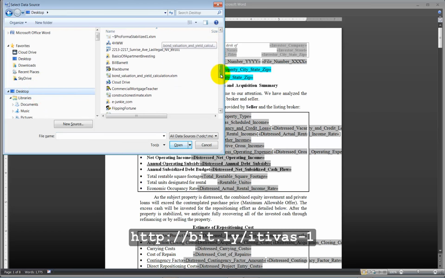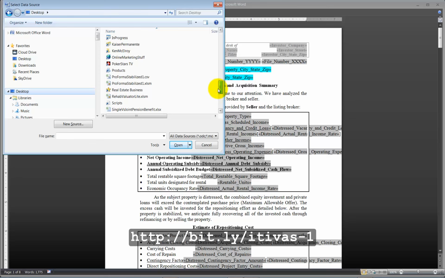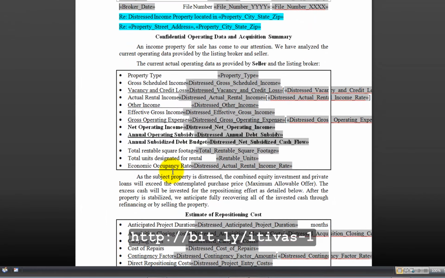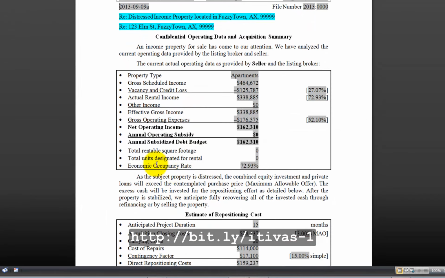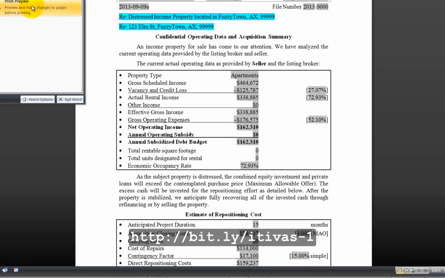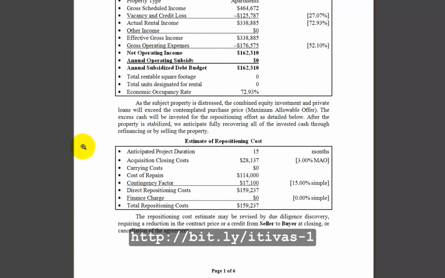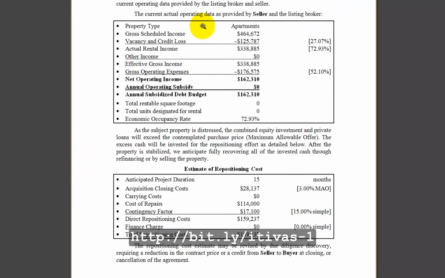We can specify where the CSV file was saved for the spreadsheet. Alt-MP will preview. Let's do a print preview. Now we can see the actual operating data coming into the project.